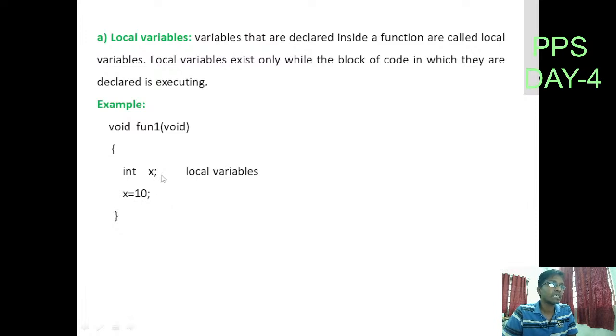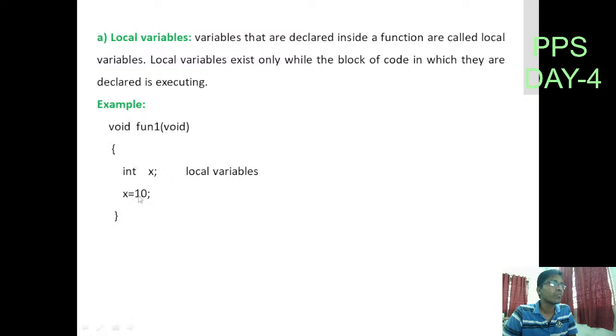If you declare variables inside of the function, then the variable is called a local variable. If you declare it inside of this block or this function, then the lifetime of this local variable will be within this block only.